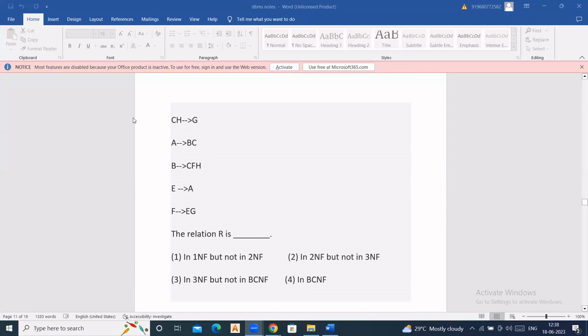This is the functional dependency given.